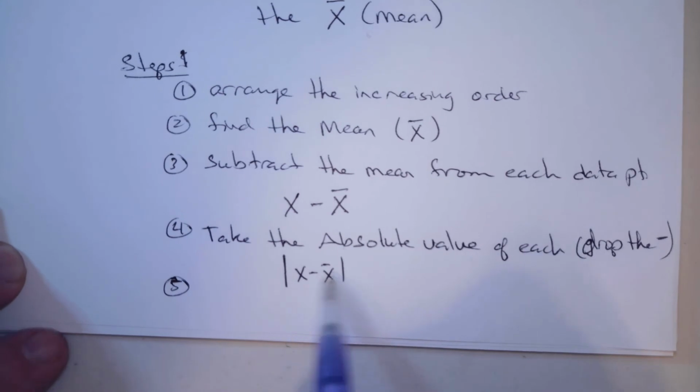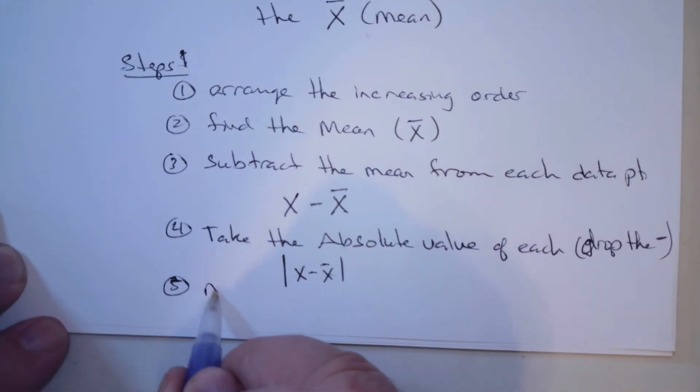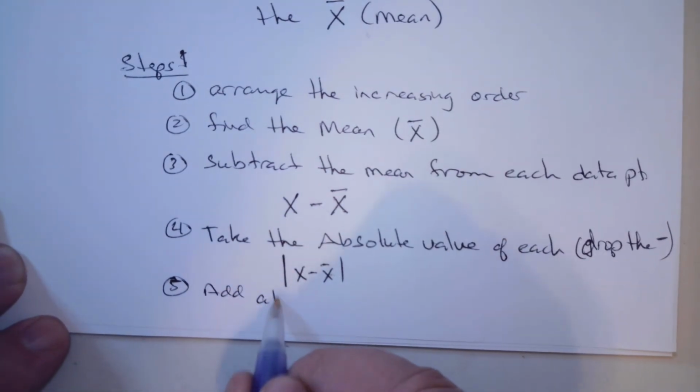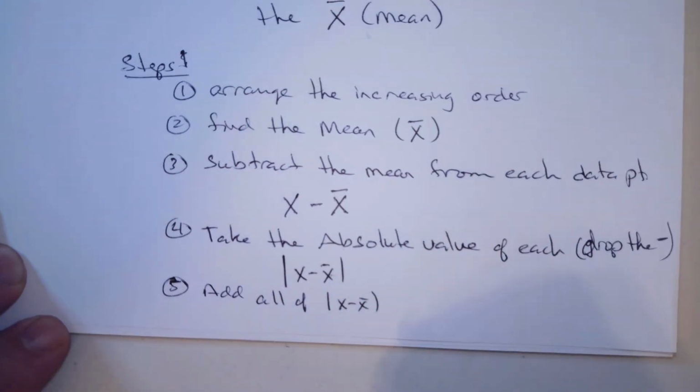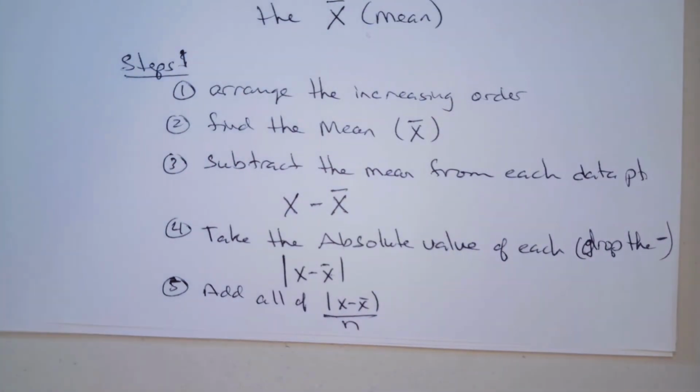So now add up all of the absolute values of x minus x-bar and divide by n. That'll give you the mean absolute deviation.